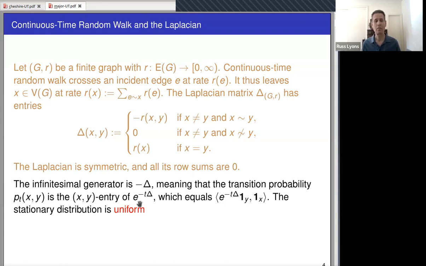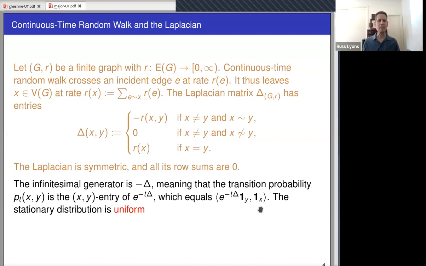And that gives you another matrix, and we take the xy entry of that matrix. Now, how do we get the xy entry? We take this matrix, multiply by the vector, which is 1 at y and 0 elsewhere, and take the inner product with the vector, which is 1 at x and 0 elsewhere.